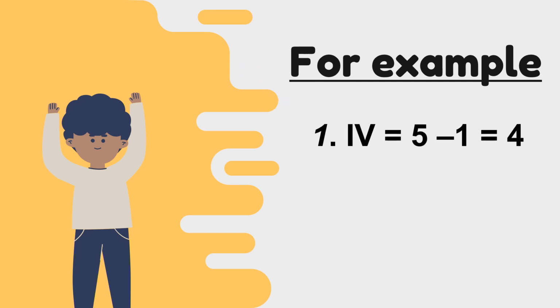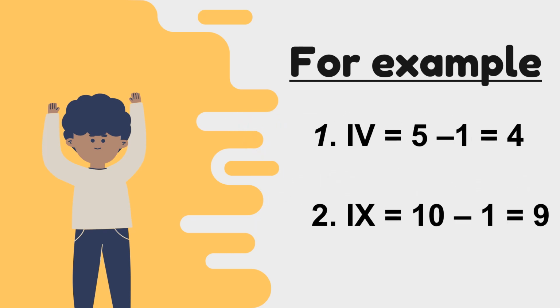In example 1, you can see that the smaller symbol I is placed before the larger symbol V. So, we need to subtract according to rule 2. In order to subtract, we write the value of the larger symbol first. It means we write 5 minus 1. We get 4.